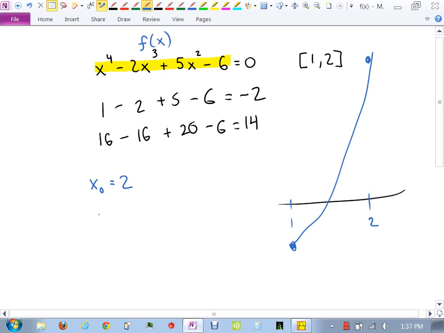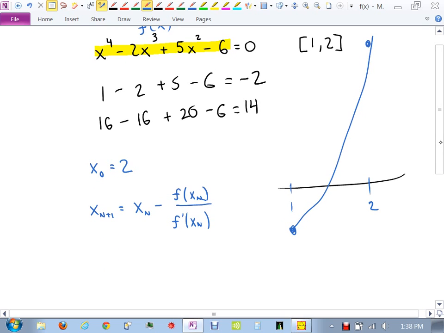Now, what was the formula for Newton's method? x sub n plus 1 equals x sub n minus f of x sub n over f prime x sub n, right? That means that if I try and get my next point, x sub 1, it will be x sub 0 minus f of x sub 0 over f prime x sub 0.